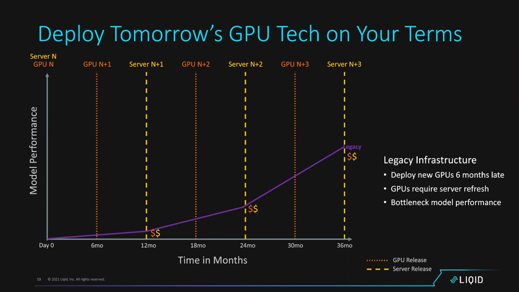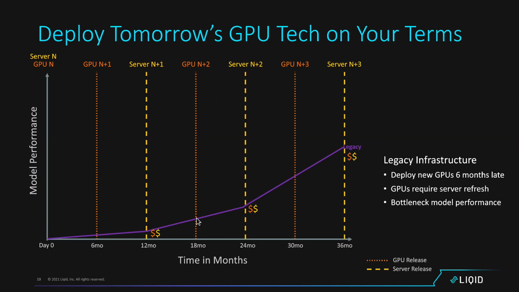But if you're looking at it from a server perspective, what's going to happen is you're going to have, let's just take company 1 and 2. So company 1, on the y-axis is model performance. Let's just pretend these are identical companies. They're doing everything the exact same way, and they're competing in the same market. So the purple company, GPUs are released. 6 months later, they get their servers with the GPUs in them, and their model performance doubles.